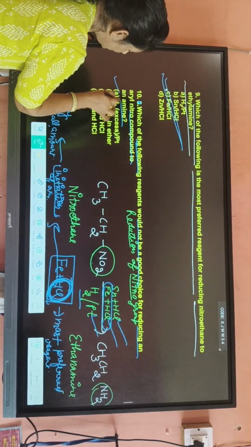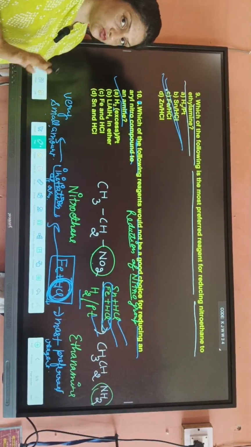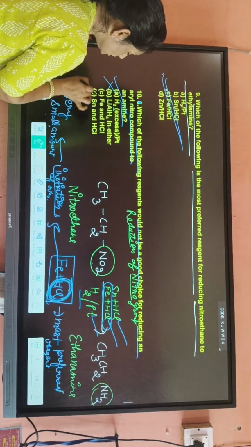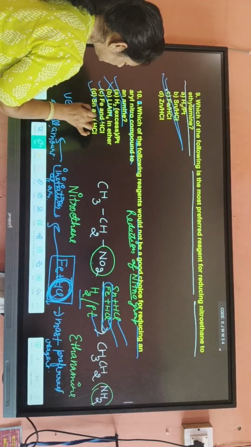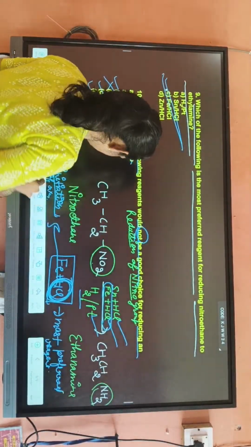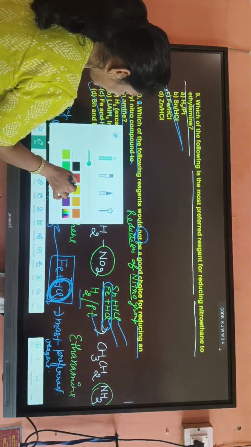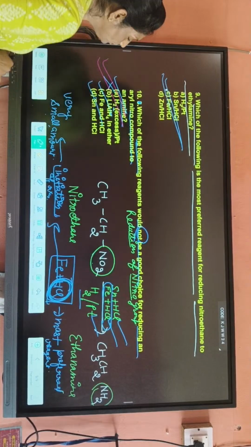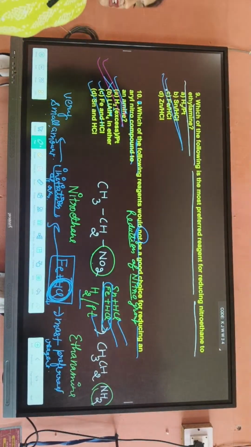H2/Pt is used for reduction. LiAlH4 is not used. Fe/HCl you use, Sn/HCl you use. So he is asking about not. So your correct option will be option B.